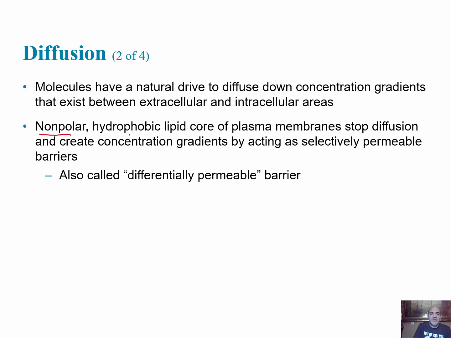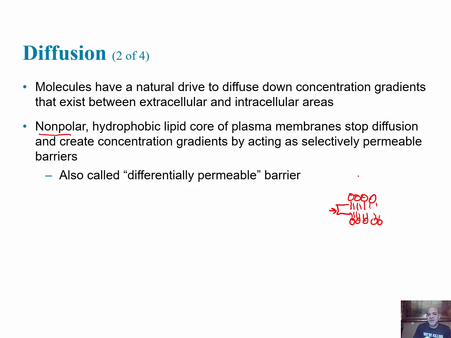When we look at the non-polar, hydrophobic lipid core of the plasma membrane, remember that the center of the membrane has the non-polar tails. That's going to basically stop the diffusion if there is a concentration gradient, and that makes the membrane selectively permeable.